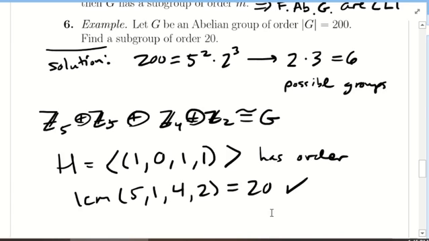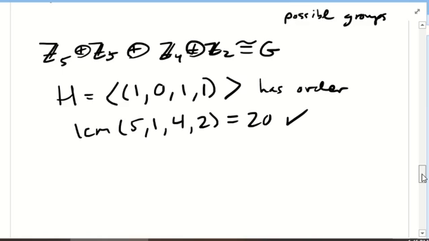What if there was a harder one? Let's do, say, Z mod 25 plus Z mod 2. So this would be the first example. I don't know. Let's pick another one.